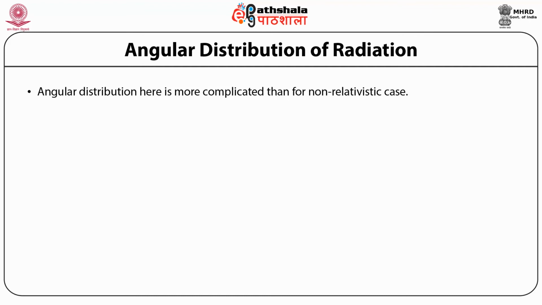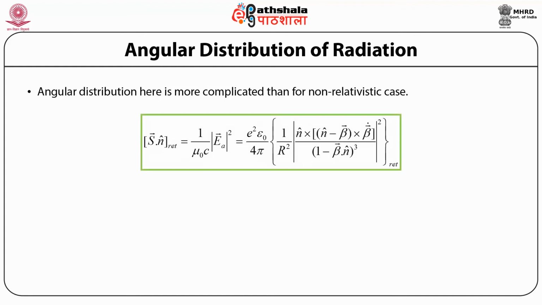So, the radial component of the Poynting vector can be calculated as S·n̂ = (1/μ₀c)|E_A|² = (e²ε₀/4π)[(1/R²)|n̂ × ((n̂ − β) × β̇)|²/(1 − β·n̂)⁶].